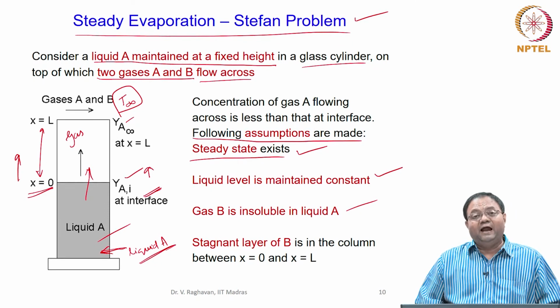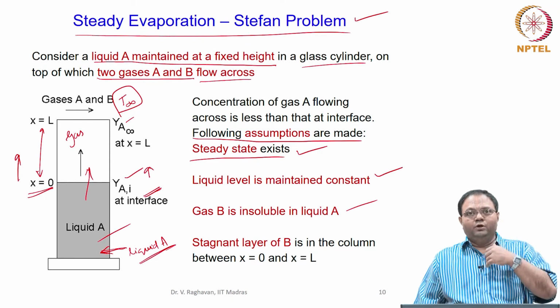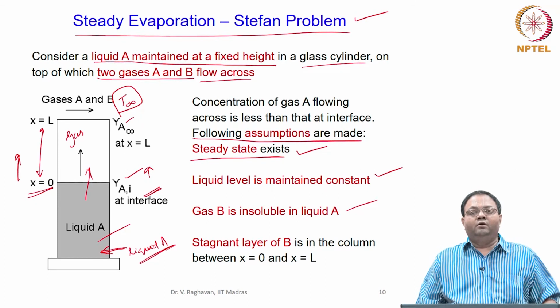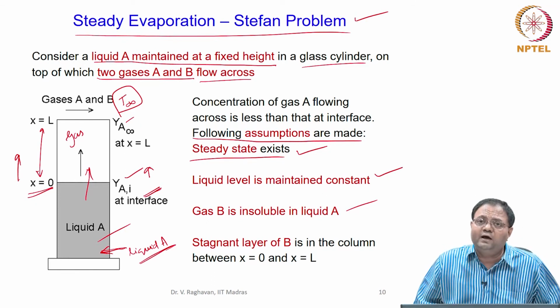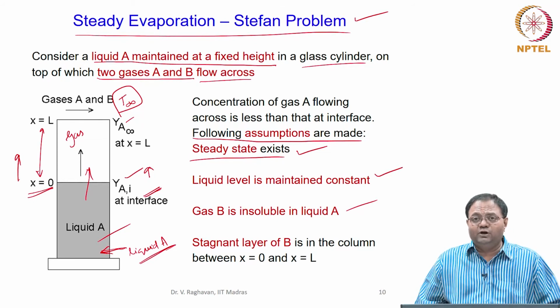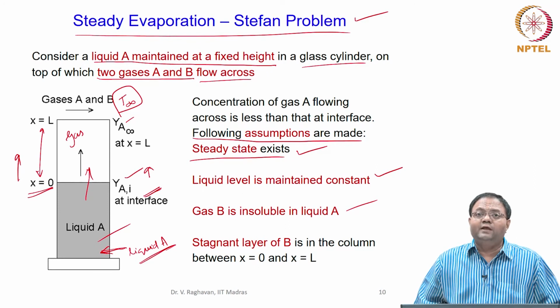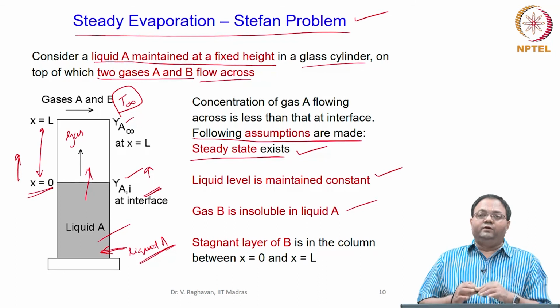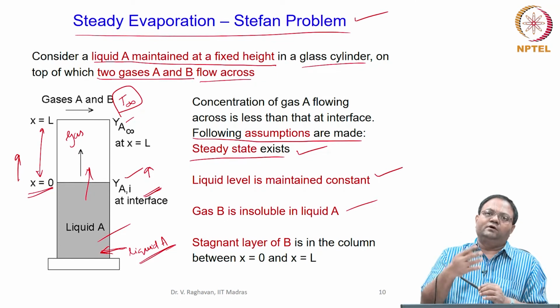Now, what does this assumption mean? Can nitrogen dissolve in ethanol or methanol? Yes, it can happen when the pressures are very high, for example 10 bar, 12 bar, 15 bar, 20 bar, etc., based upon the critical pressure. There is a good chance that the gas in the ambient can dissolve into the liquid, and it can also come out along with the vapor.